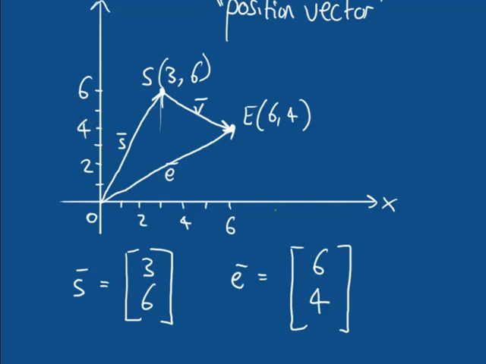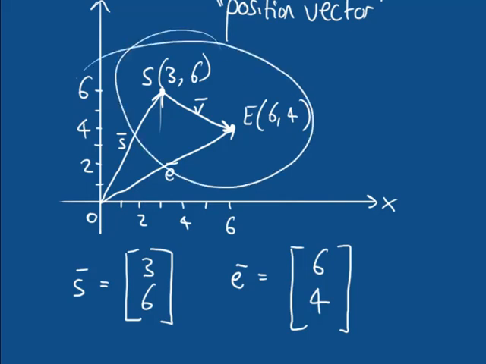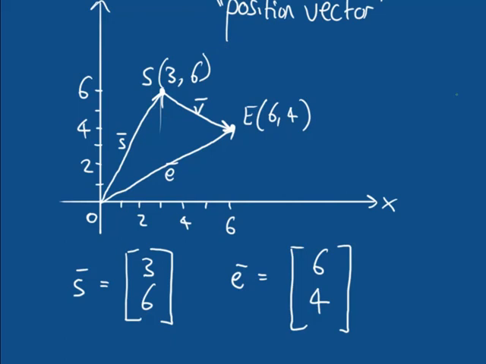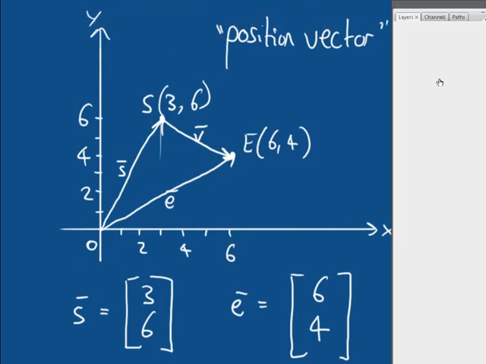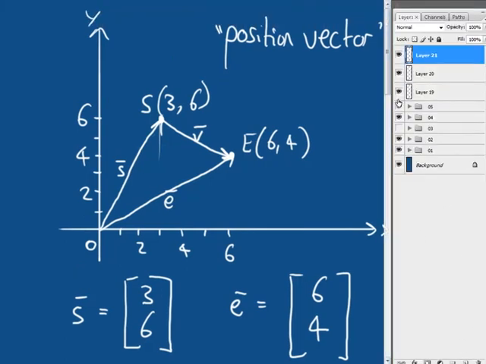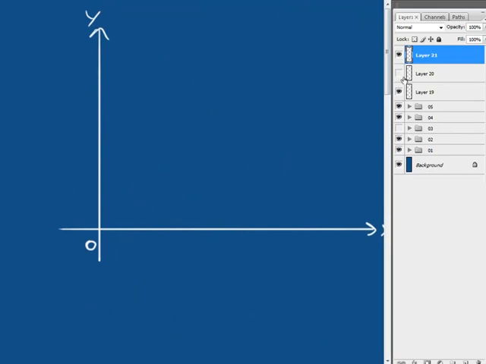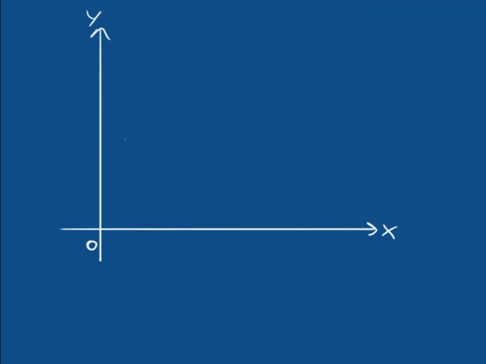I'm going to set one test question really to see if you understood the concepts at hand, both in terms of position vectors and how we can use position vectors to find a vector that travels between 2 points. So I'm going to bring up a new layer, hide everything that we did there, but keep my axes, and I'm going to define 2 points in space.